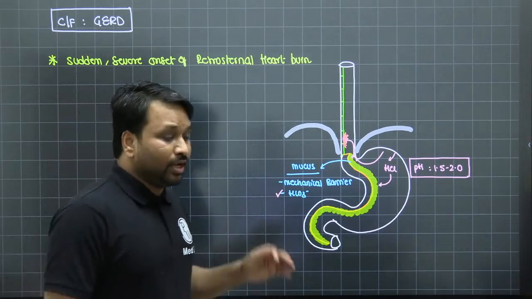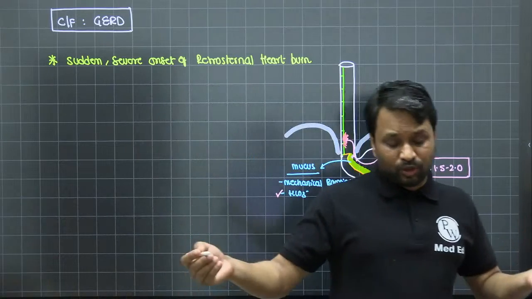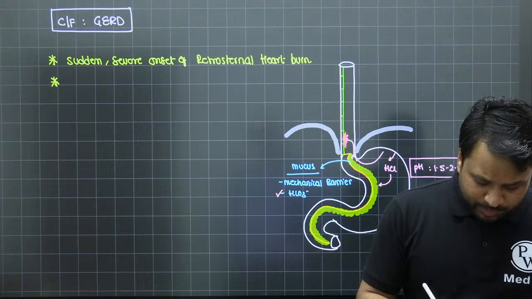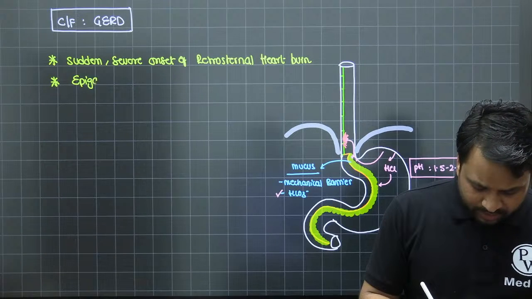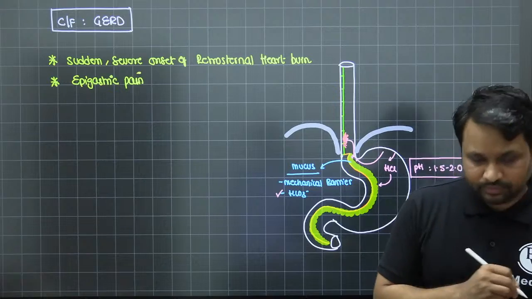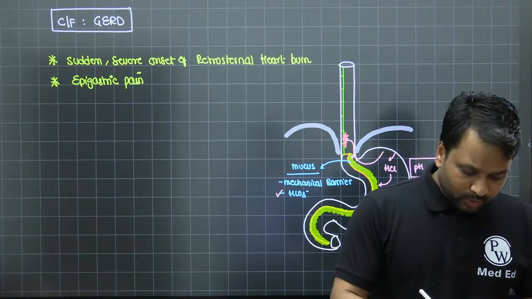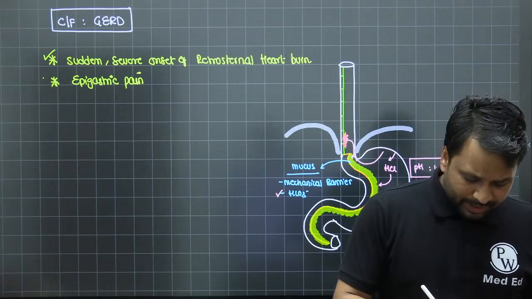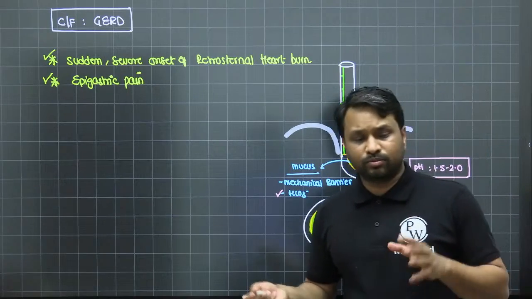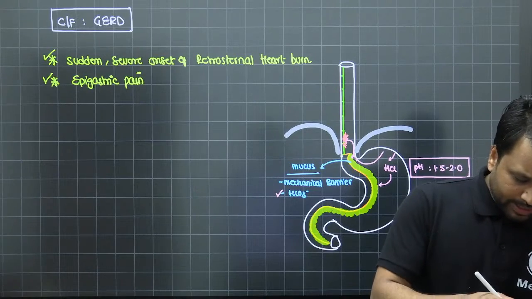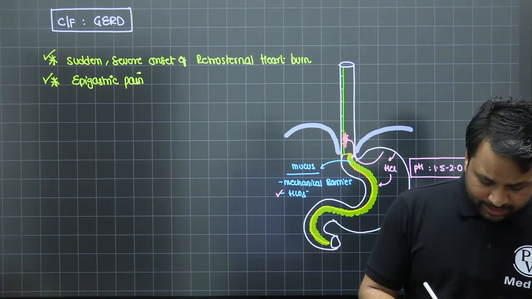As simple as that. तो obviously esophagus belongs to a foregut status, so यहाँ पे जो pain होगा it will be epigastric, so hence these patients are also going to have epigastric pain, right? So one, you need to have a sudden severe onset, a patient will present with sudden severe onset of retrosternal pain, which is going to be heartburn or described typically as heartburn, and also an epigastric pain.